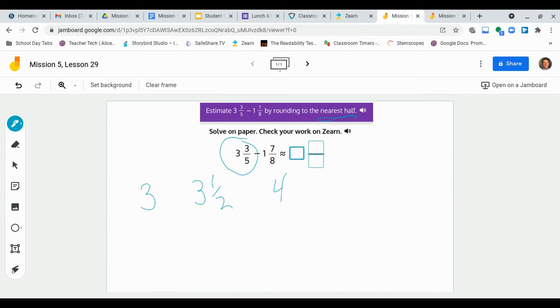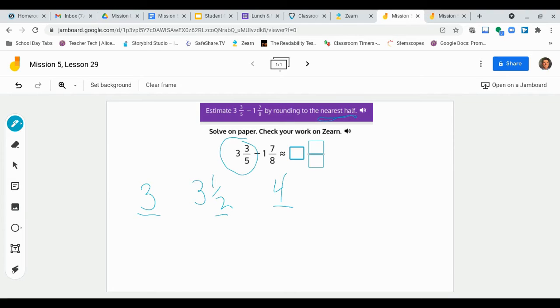So you have to think about 3 3/5. I'm going to ask myself, is 3 3/5 closest to 3, to 3.5, or to 4? If I look at 3/5, let's think of 3/5 in terms of a half. Is 3/5 more or less than a half?